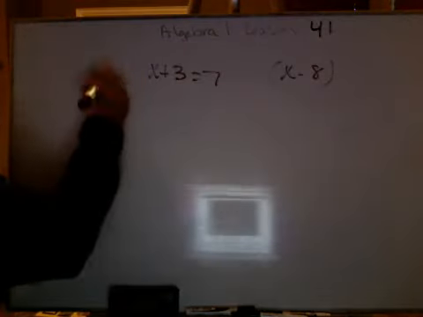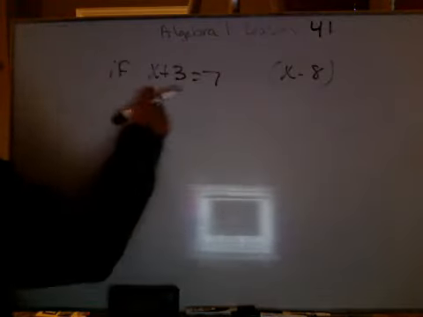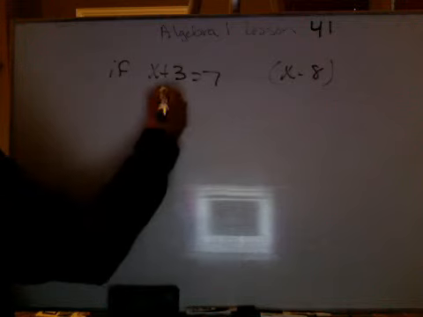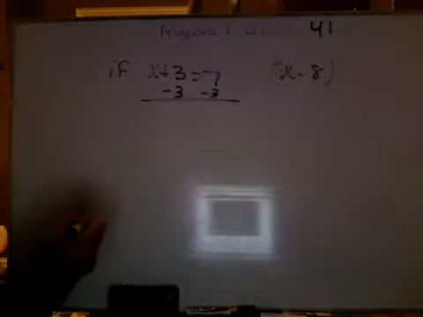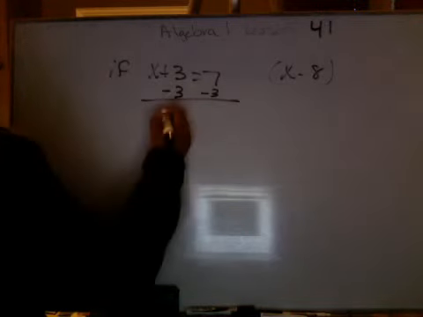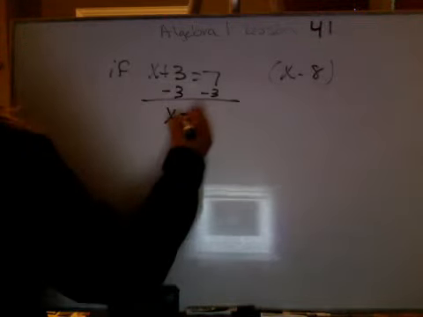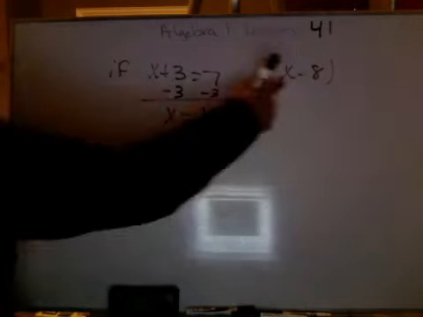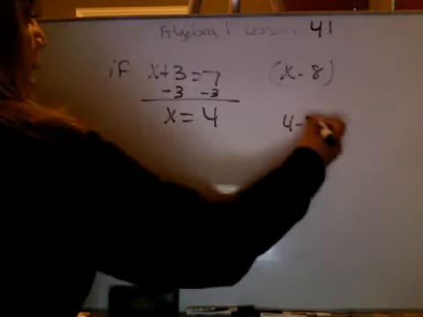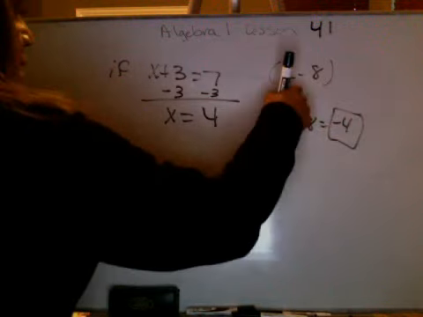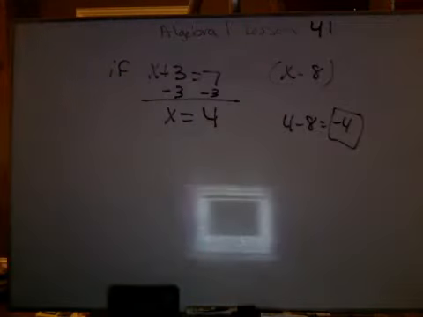Well, first, all we're asking is we have to find x. So we're going to minus 3 using your steps for solving an equation, which will be on your test, so know them, equals 4. So now can we find the value of this? Yes, we can do 4 minus 8 equals negative 4.